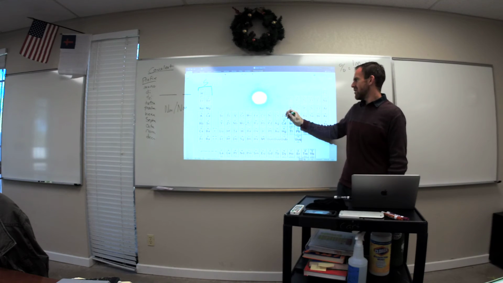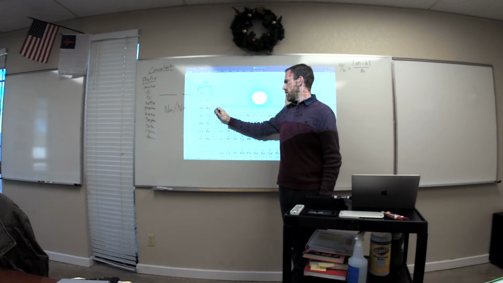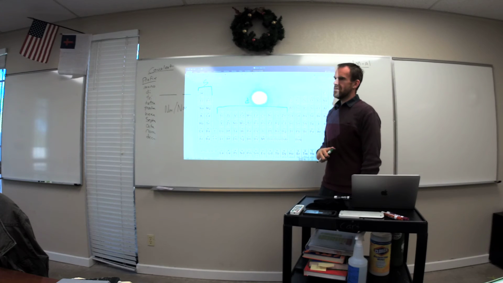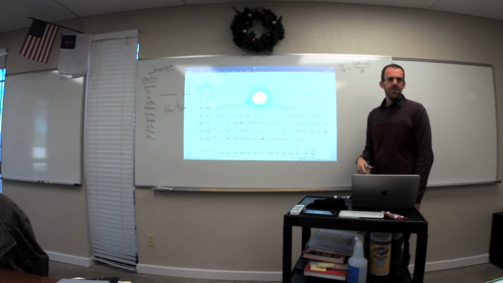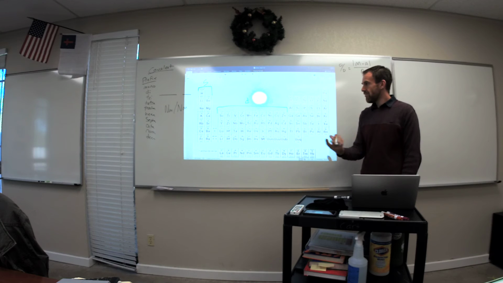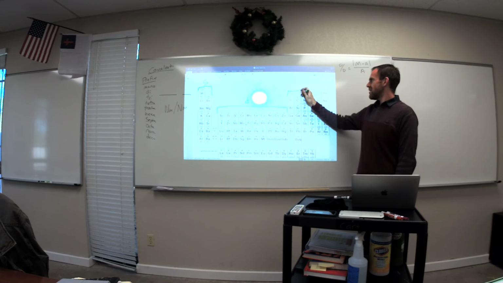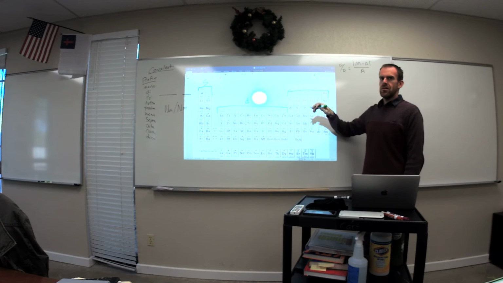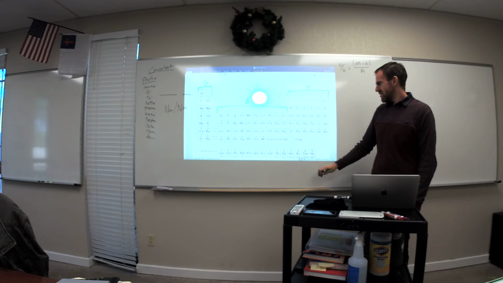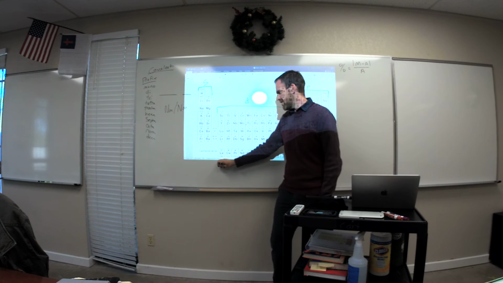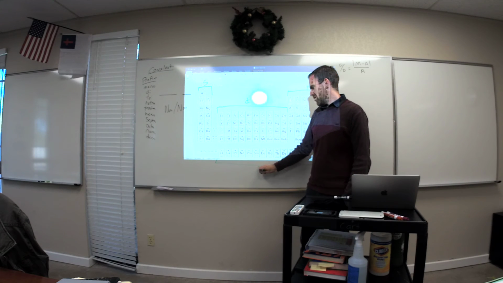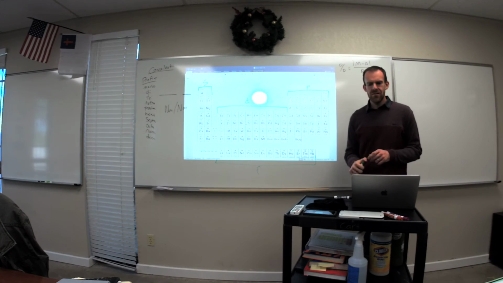These 10 columns represent the d orbitals, because d holds 10. These 6 represent p, because p holds 6. These 14 represent the f orbital, because f holds 14.